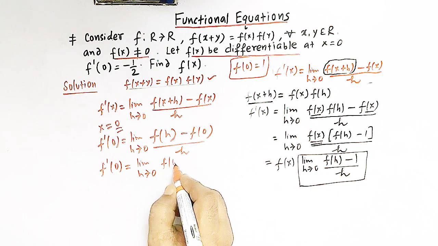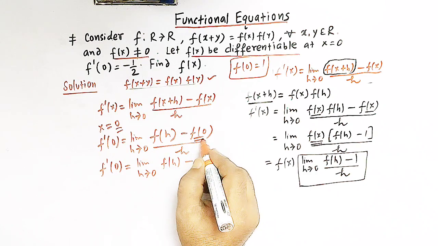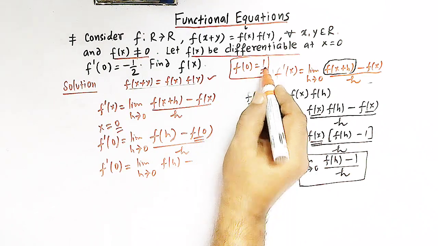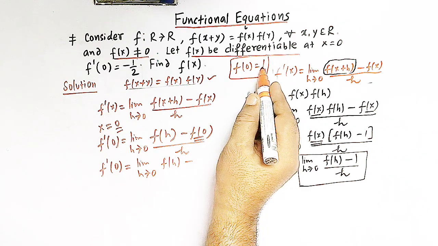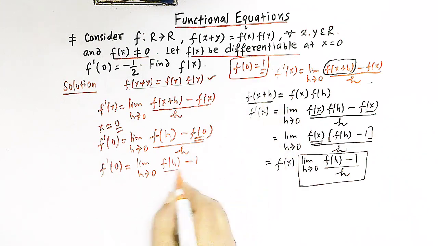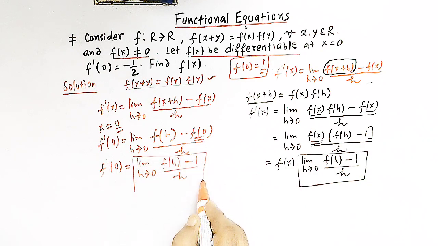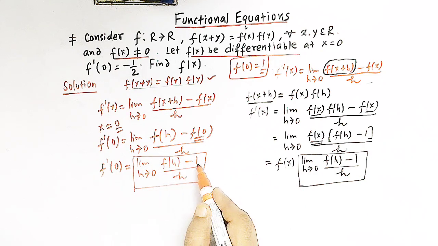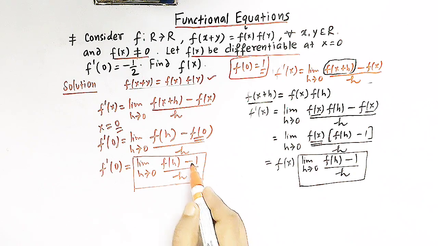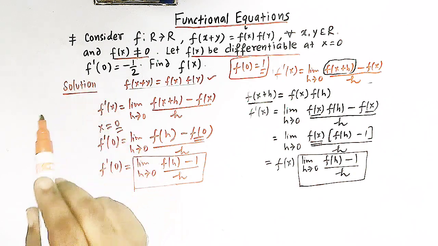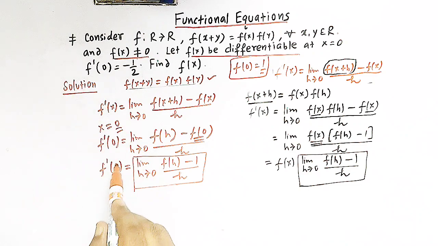Now f prime of 0 is equal to limit h tends to 0 of f of h minus, now see, f of 0 is equal to 1. So taking this value over here, we have 1, over h. So we can see that the limit h tends to 0 of f of h minus 1 over h is equal to the derivative of the function f of x at x is equal to 0.